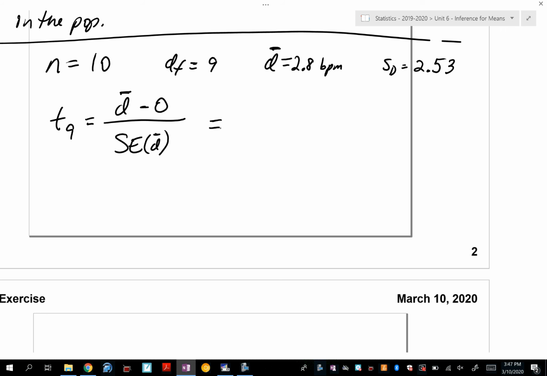T with 9 degrees of freedom equals our sample average for our differences, which we have, minus 0 because we think that there's no difference, over the standard error of that D bar. So it's going to be 2.8 minus 0 over 2.53 over the square root of 10.